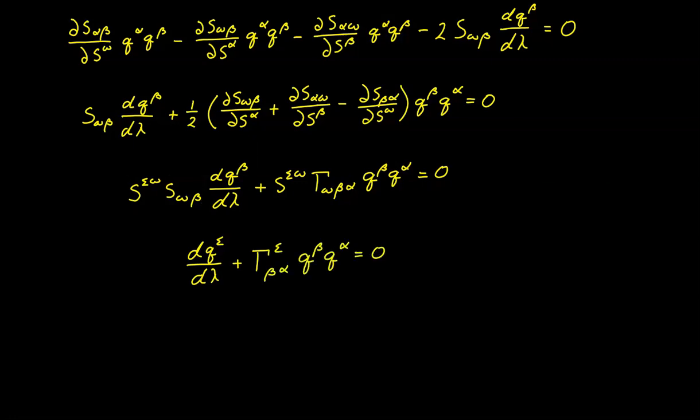And finally, I'm going to replace the Q factors throughout with their basic definitions. Remember, Q sigma here is really the derivative of S sigma with respect to lambda. So in this case, what we're going to have is a second order derivative. At the same time, I'm also going to rename sigma to alpha and alpha to omega. So this first term will be the second derivative of S alpha with respect to lambda.